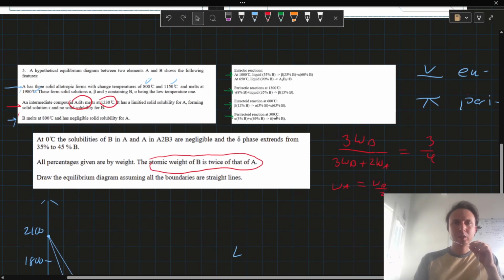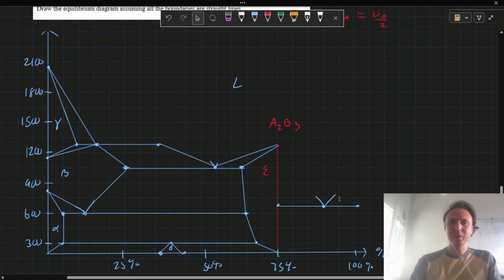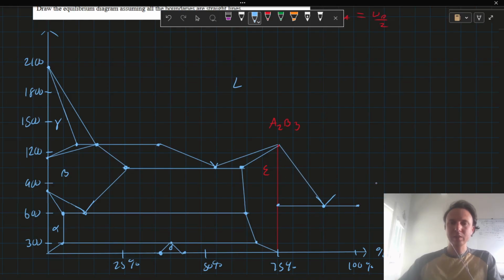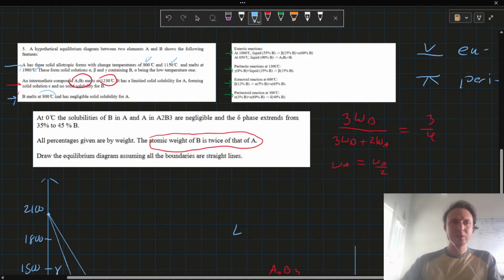Now we have this 651. I'll go ahead and fill that one in now. I forgot I didn't do that one. At 650, liquid 90% goes to A2B3. So this is pretty easy to fill in. We have these, and then on the pure B axis, I'll go ahead and draw it as a vertical line. We have the B melts at 800 Celsius.